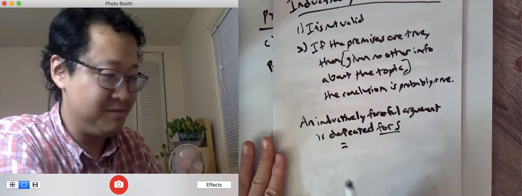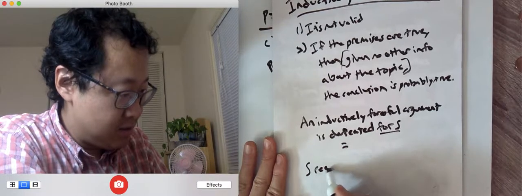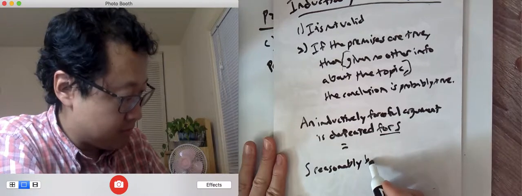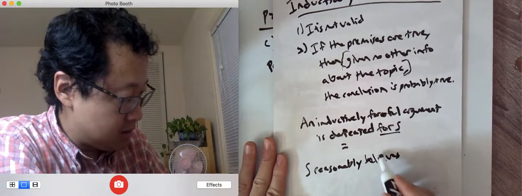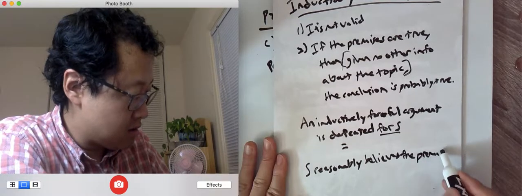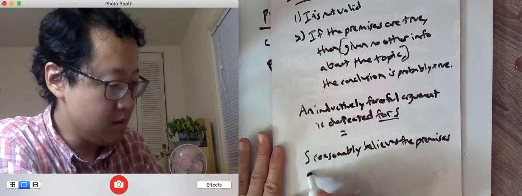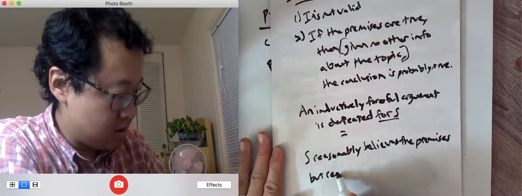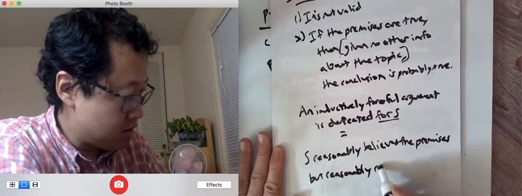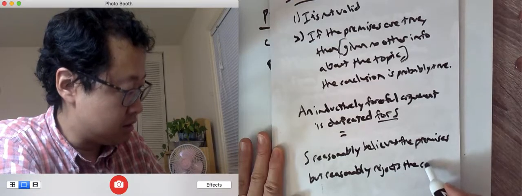We'll talk about that more in a bit. Equals S reasonably believes the premises but reasonably rejects the conclusion.